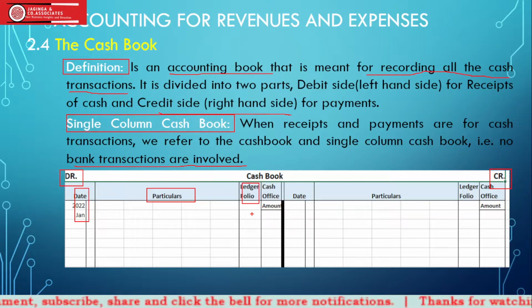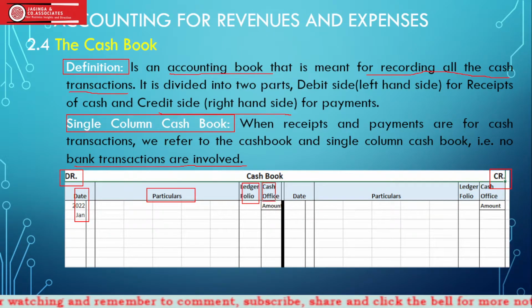So the page where we recorded the cash received from the customer on that ledger is the page that we will record in the cash book. So the ledger folio is just recording the folio for the ledger of a particular account that is involved.